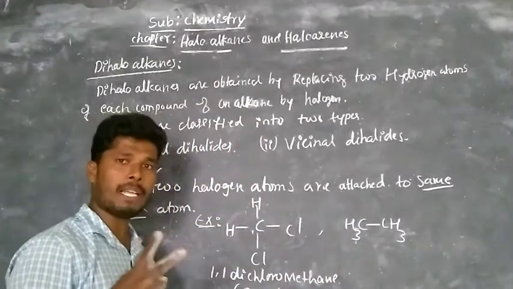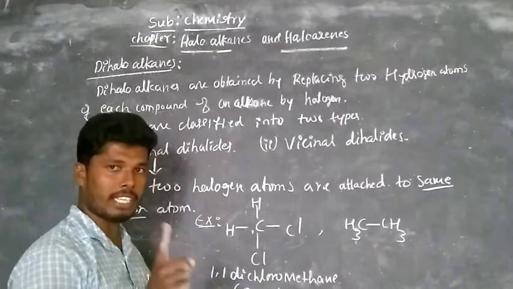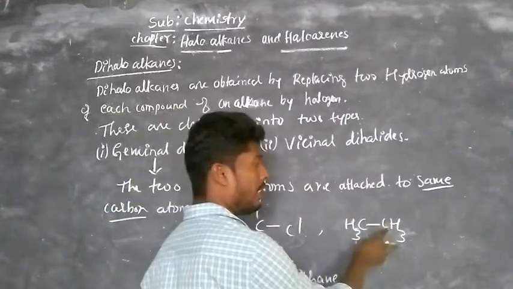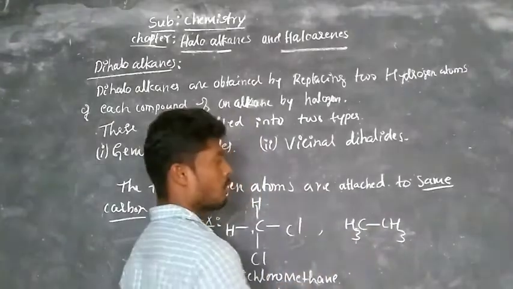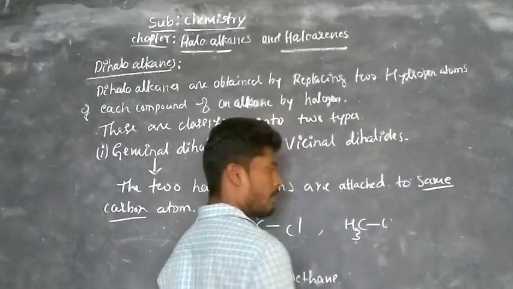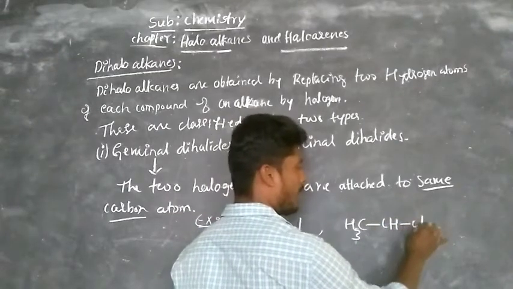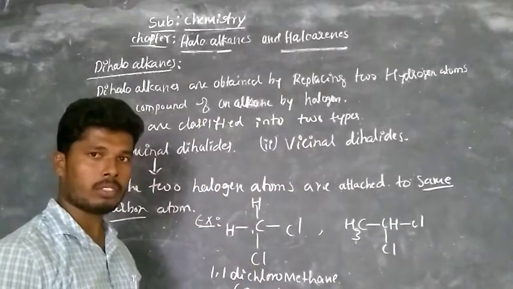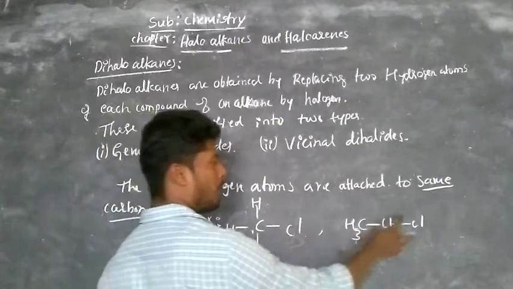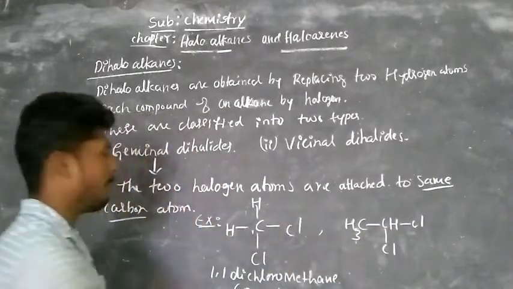Now replace 2 hydrogens and substitute 2 chlorine atoms on the same carbon atom. On the same carbon atom, 2 chlorines or 2 halogens are substituted in place of 2 hydrogens. This carbon had 3 hydrogen atoms; we removed one and put 1 chlorine, removed another and put another chlorine. You get this compound. Now for the same carbon, 2 halogen atoms are attached, so this is an example of a geminal dihalide.